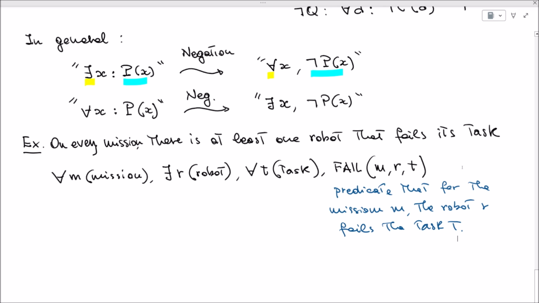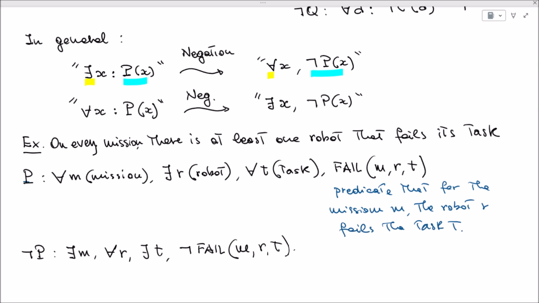Let's say that we consider this to be a proposition P. So we want to build the proposition not P. We can say there exists at least one M such that for every robot R there exists at least one task T such that not Fail(M, R, T). And now we can translate this back into common language.